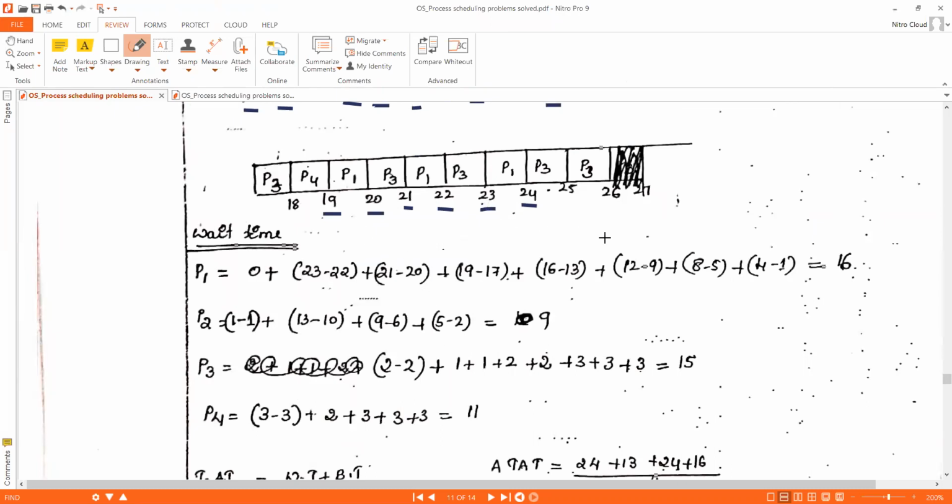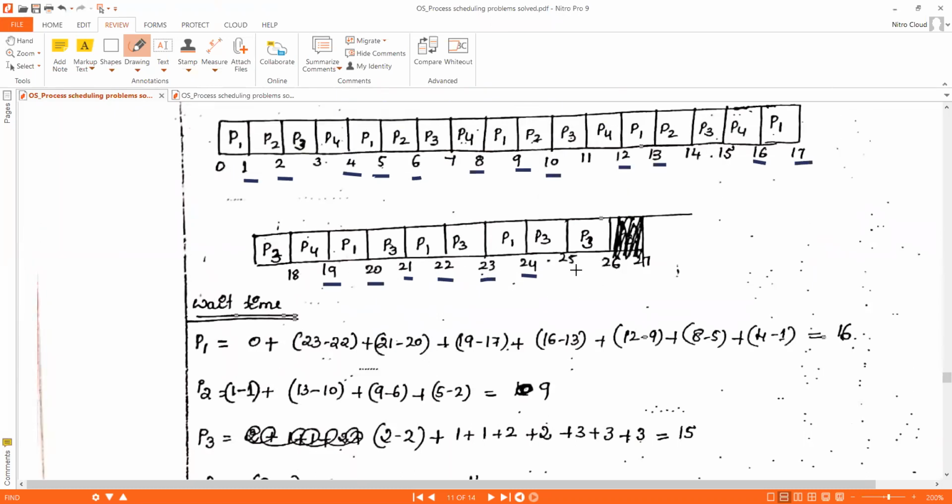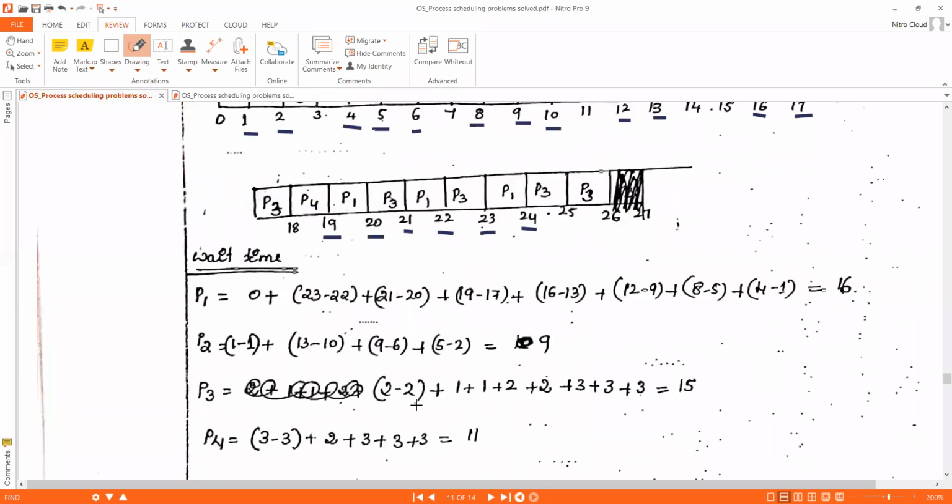Next, process 4's last allotment is at clock time 18 milliseconds, minus process 4's previous preempted time. 18 minus 16, plus 15 minus 12 plus 11 minus 8 plus 7 minus 4. This is the total waiting time for process 4. We got it as 11 milliseconds.